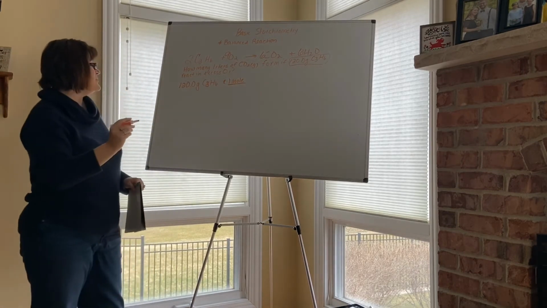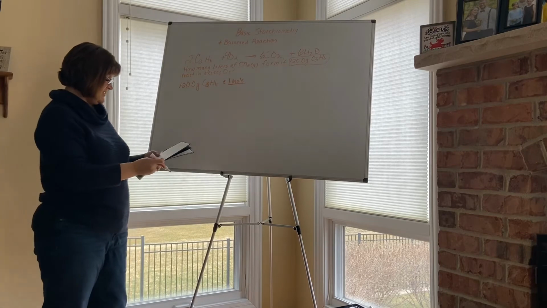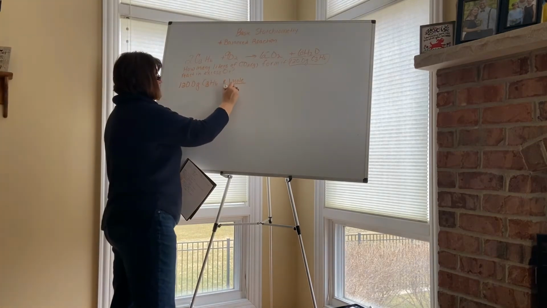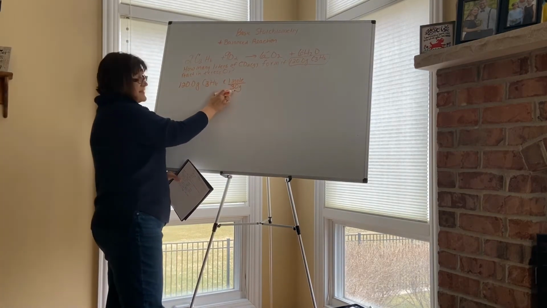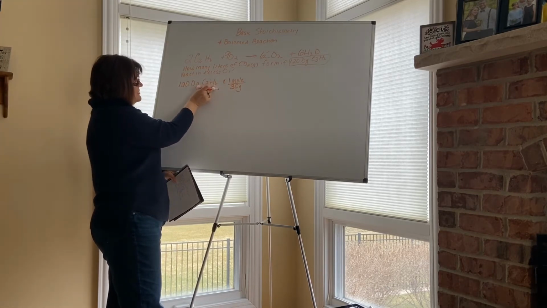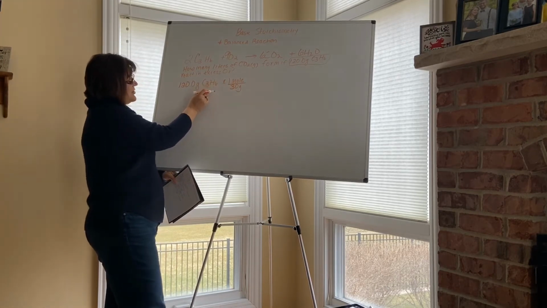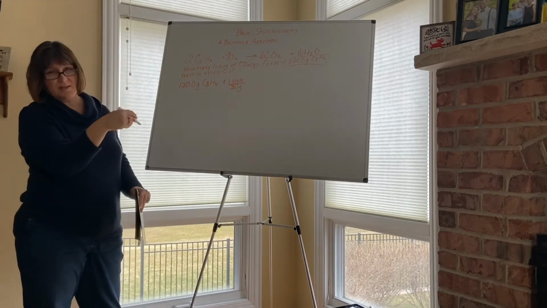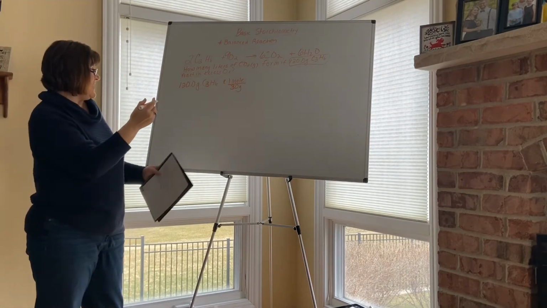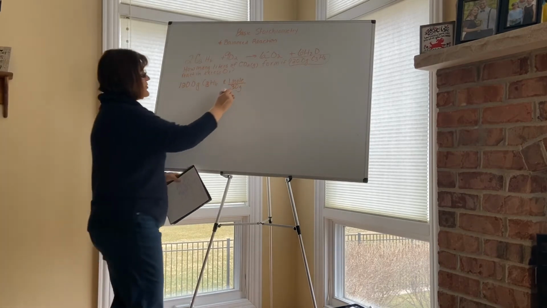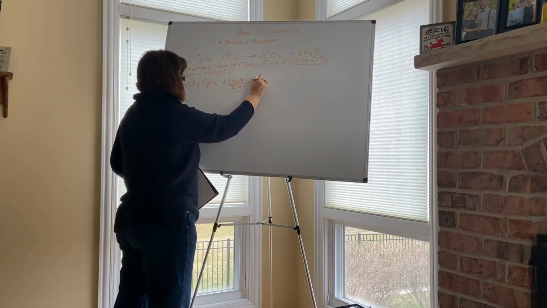For every 1 mole of C3H6, we have 30 grams. If you are confused about this, remember to go to your periodic table, look up carbon and hydrogen's atomic mass, multiply by their subscripts, add them together. This is going to give us 4 moles.